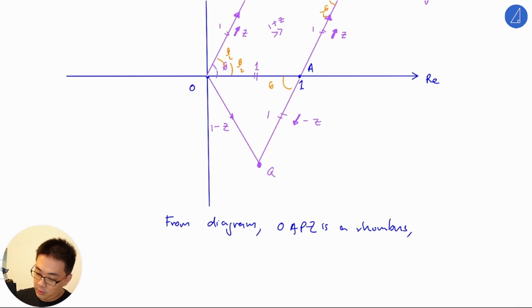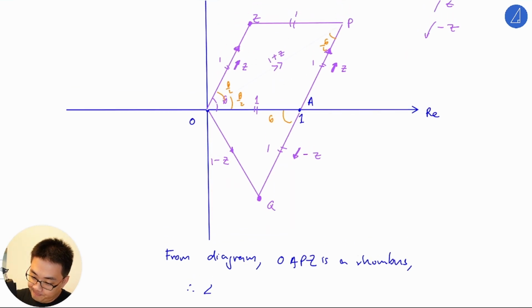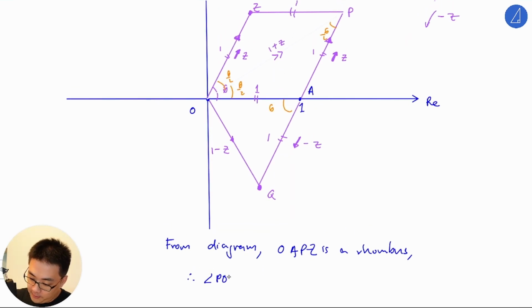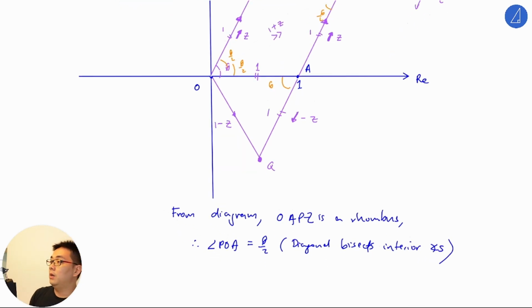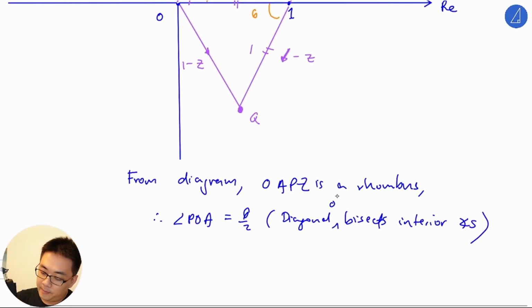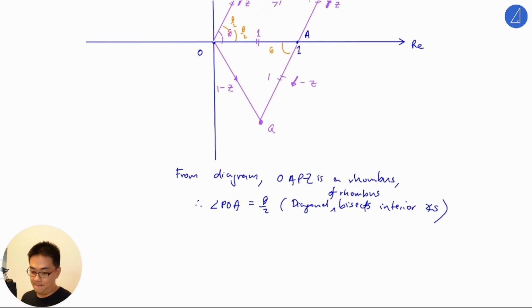So hence angle POA is equal to theta over 2. Diagonal bisects interior angle, or diagonal of rhombus.